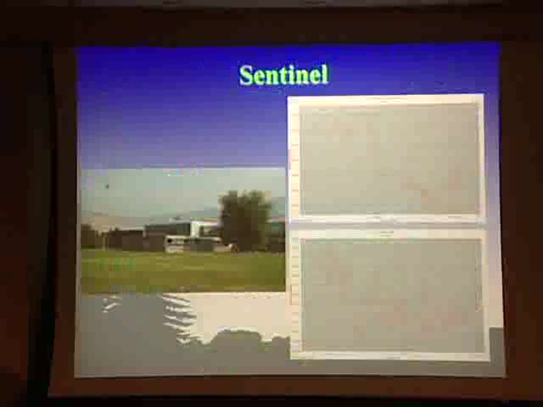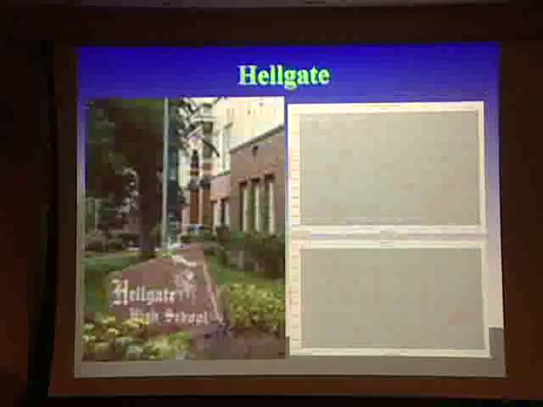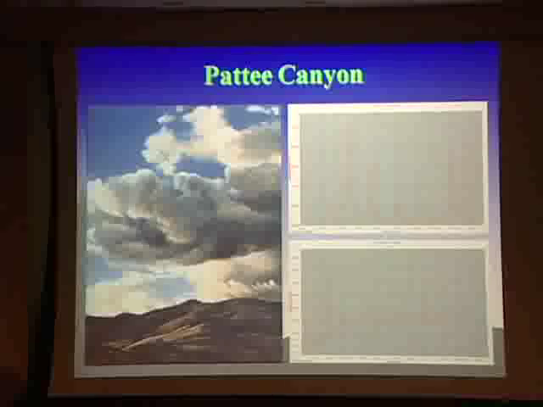Sentinel was tested in November and April, I believe. The same for Hellgate as well as Big Sky. And this was Patty Canyon. I tested Patty Canyon in December and March.